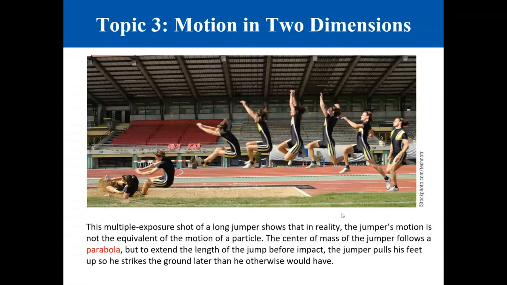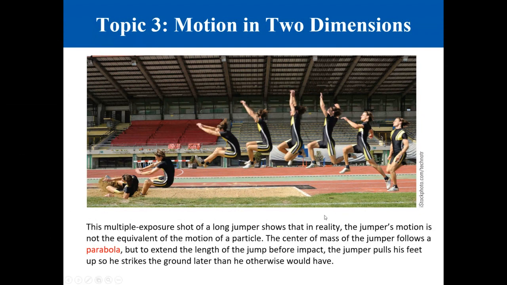The jumper moves along the horizontal axis, the x-axis, also moves along the y-axis, the vertical axis. If you try to follow the center of mass, you will find that the center of mass for the jumper moves along a parabolic path.